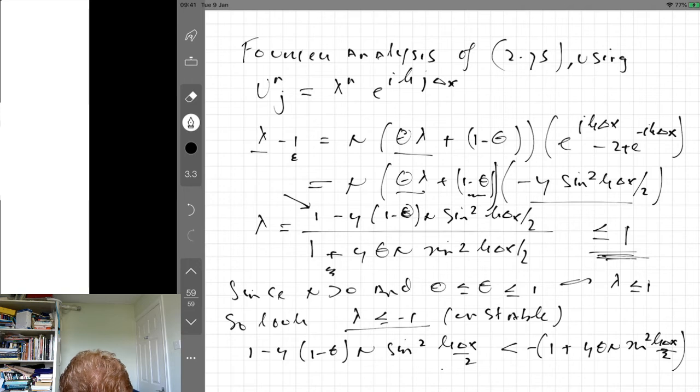Then we need to rearrange that. So what's the best thing to do? The best thing is to bring this term to that side and then read it from right to left.